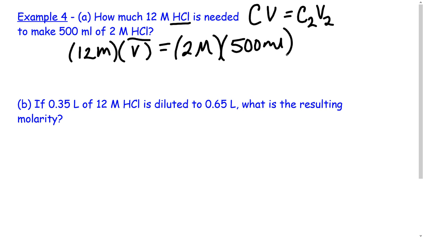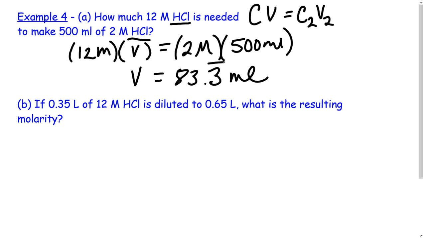Okay, so in order to isolate the volume term by itself, we're going to multiply the 2 times 500, which is going to be 1,000, and then divide both sides by 12. And as we do that, again, keeping in mind sig figs, we're going to get 83.3 milliliters total for our answer.